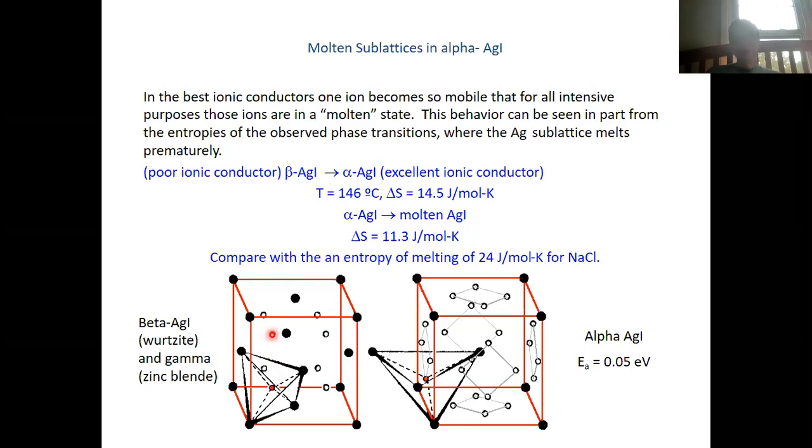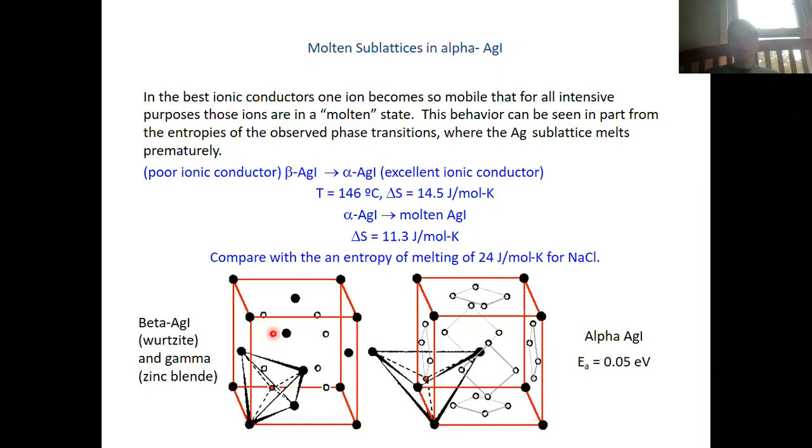However, this is not very favorable because these tetrahedra are edge sharing, and for that reason we have to overcome a high activation barrier in order to move a silver ion from an occupied site to an unoccupied site. Therefore the zinc blende structure and also the wurtzite structure are not very supportive for ion conductivity.